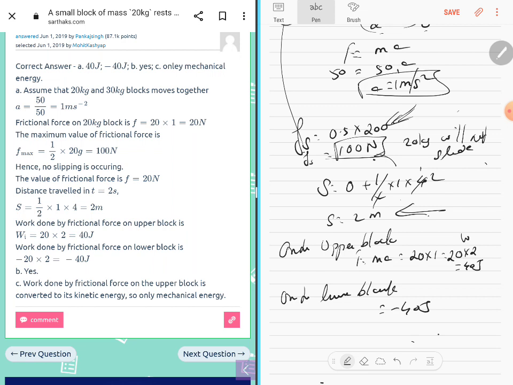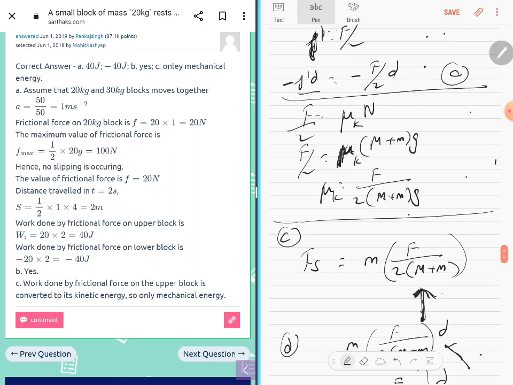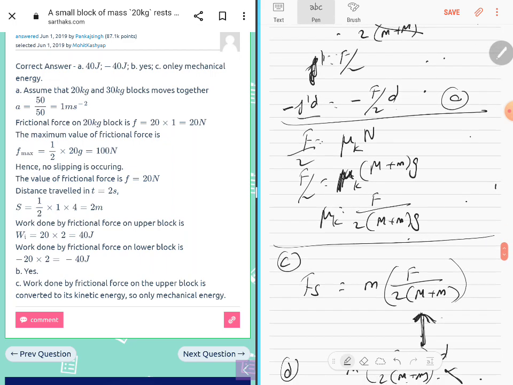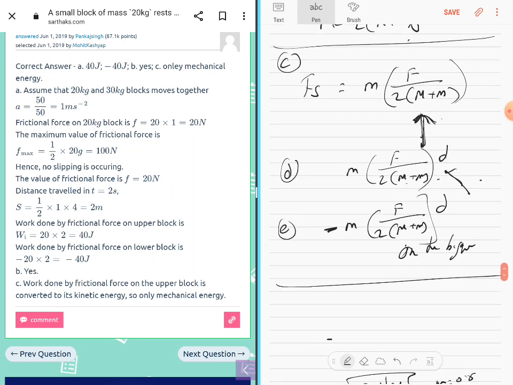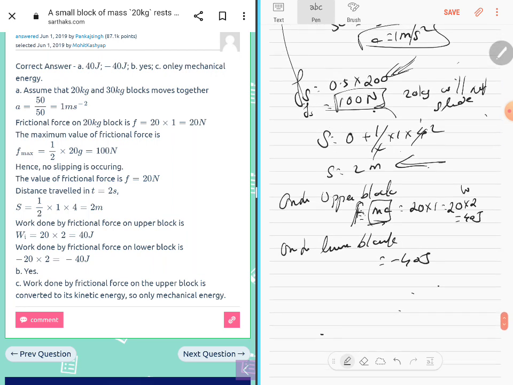Once you know the acceleration, you're supposed to calculate it with the force, and that's exactly what we did here also. We knew the acceleration, so we just did mass into acceleration, because static friction is not always mu into normal reaction.